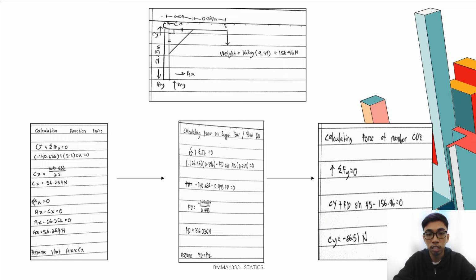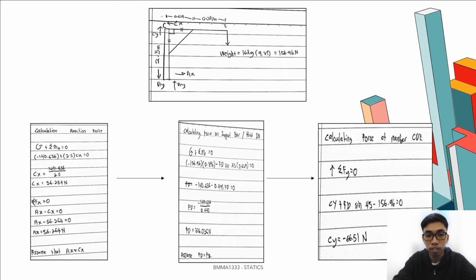0. The data we have from the lab is negative 156.96 times 0.836 plus Cx times 2.5 equal to 0. That we can get negative 140.636 plus 2.5 Cx.